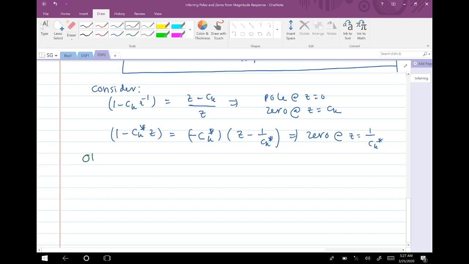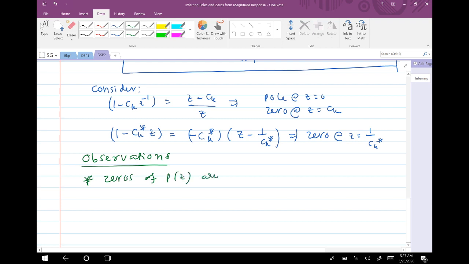Let's have a closer look at this expression for p of z. First thing, where are the zeros of p of z?